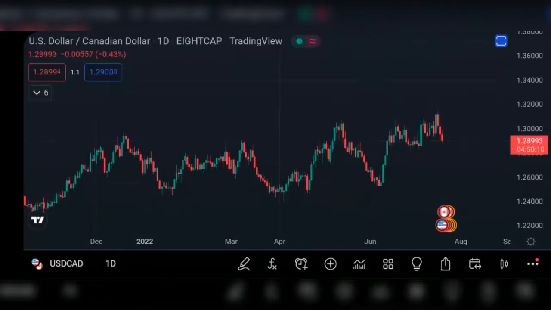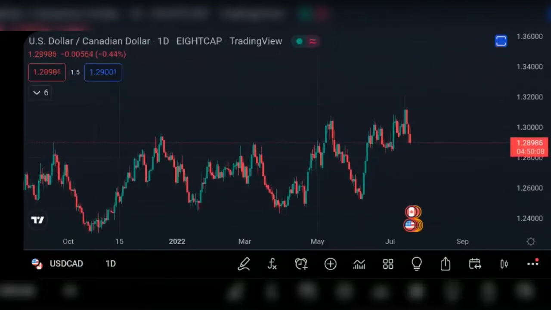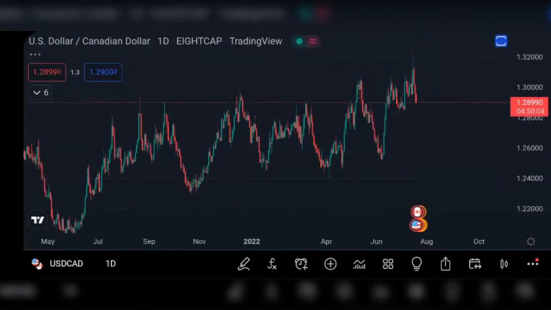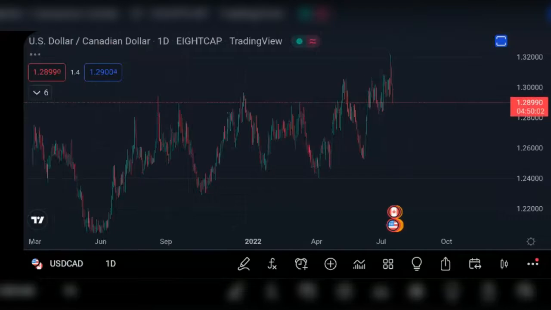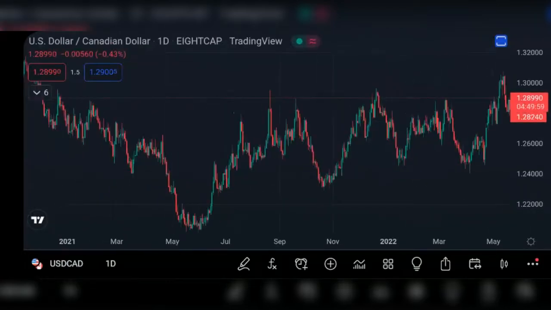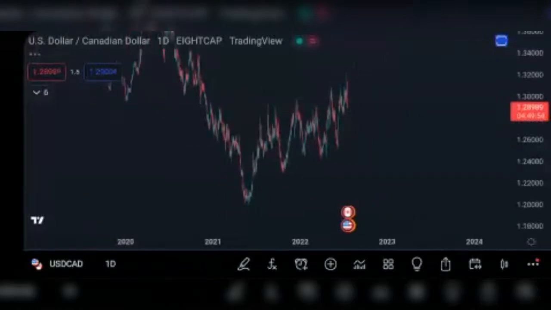Now on USD CAD. The first thing, like what we always do in our academy, is to check the market structure. We'll go back to the daily time frame.